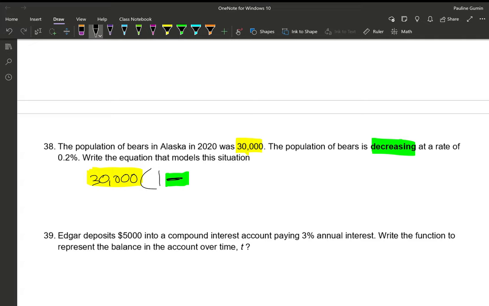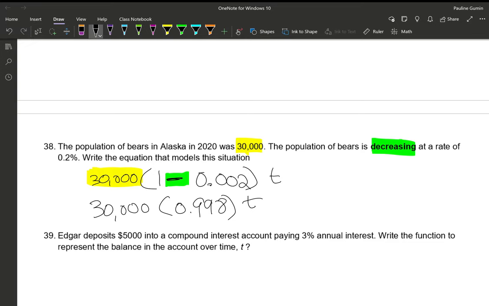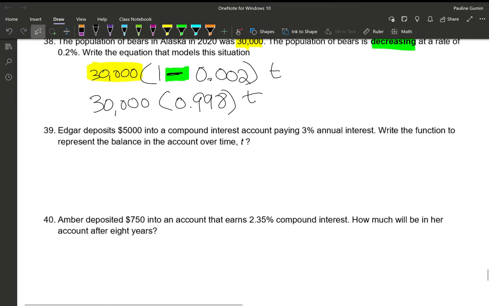And then don't forget to convert your percent into a decimal. So 0.2 divided by 100 to make it into a decimal is 0.002, to the power of t. And of course, we can simplify it by subtracting the inside to get that.